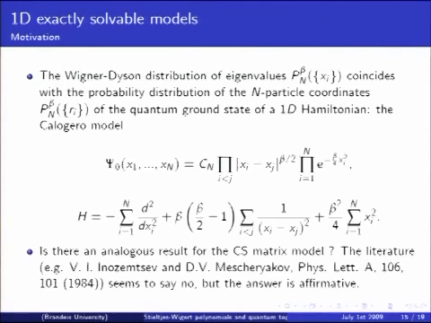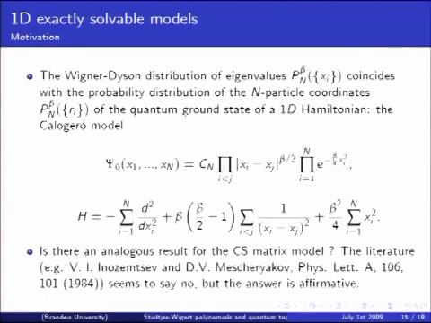Okay. Very differently, I just want to say that this model is also related with one-dimensional exactly solvable models. Here I brought the very well-known case of the Calogero model, which is associated to, you see, the ground state wave function of the Calogero model. So you have n particles interacting in one dimension with two-body terms of this type.